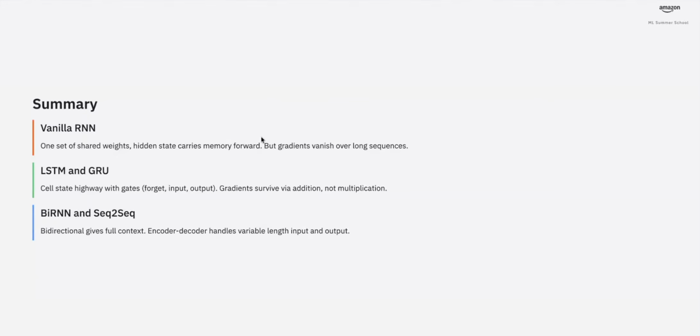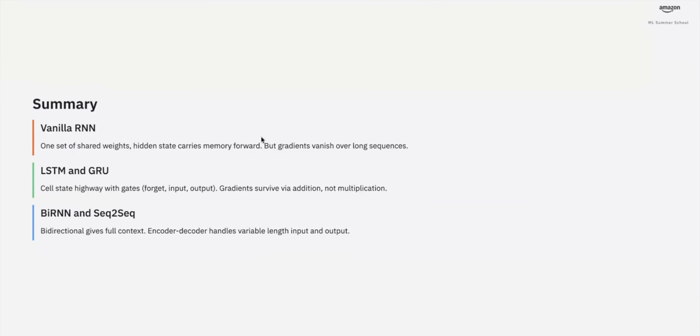We saw sequence to sequence, which took a different direction. It solves the problem of mismatched input and output lengths by splitting the work into an encoder and a decoder. The encoder reads the full input and compresses it into a context vector. The decoder starts from that context and generates the output one token at a time, auto-regressively.